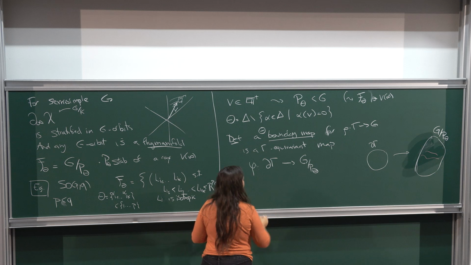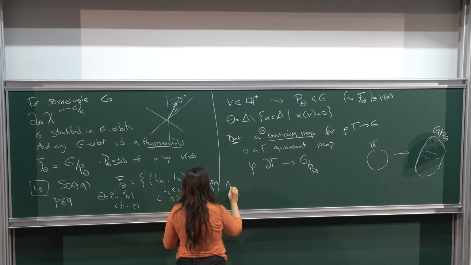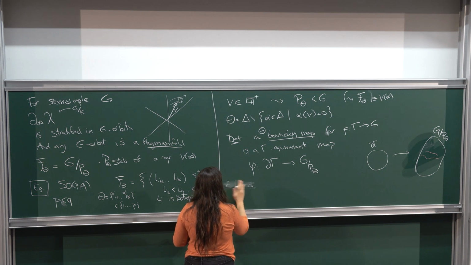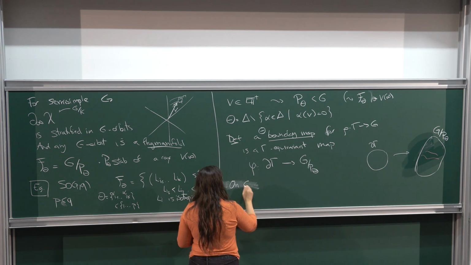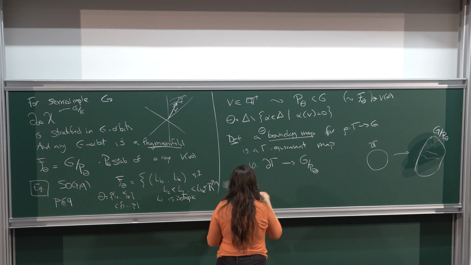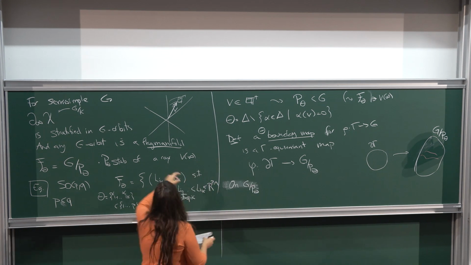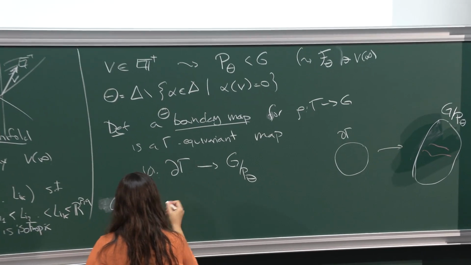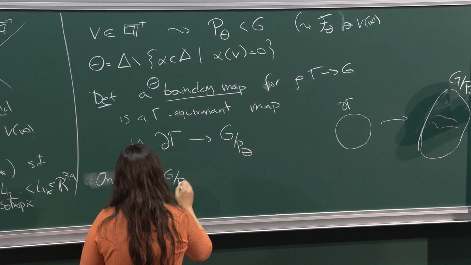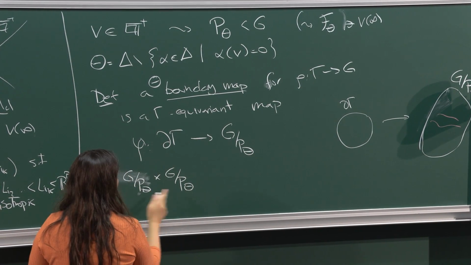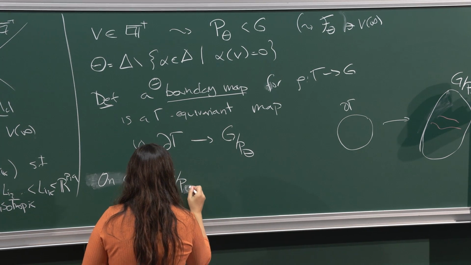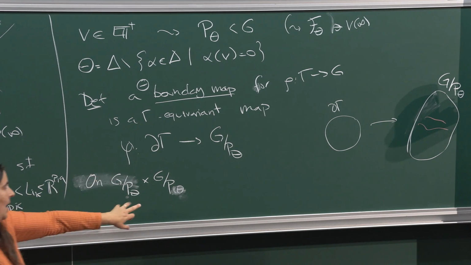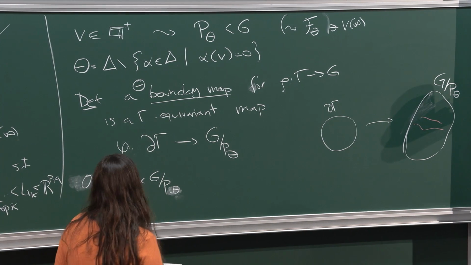And maybe let me say here that on G mod P theta, if theta is invariant under the opposition involution, there is a natural notion of transversality in G mod P theta cross G mod P iota of theta, which are going to be the same object for what I care about, since I'm asking that theta is invariant under the opposition involution.